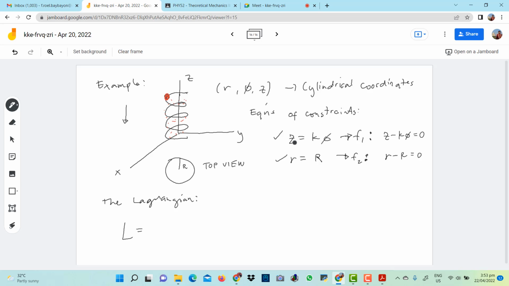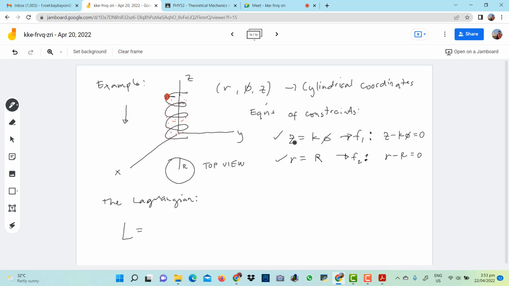In cylindrical coordinates, I have translational kinetic energy along r, since the mass moves from 0 to R, and at the same time it moves downward with respect to z. So I have two translational kinetic energies and one rotational kinetic energy.